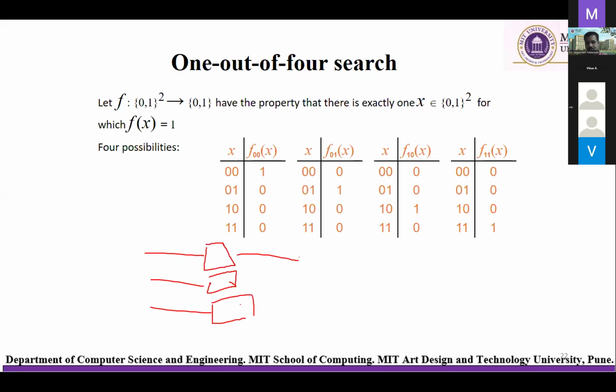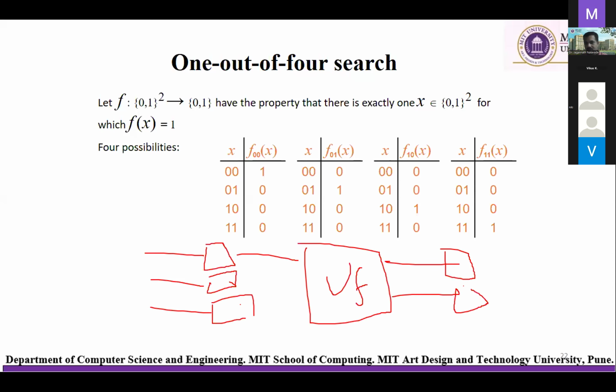Then it will be given to the Uf function. Then after this, 2 other Hadamard gates are used. This particular line remains as it is, and based on this we can take the decision. This will be considered for the measurement.